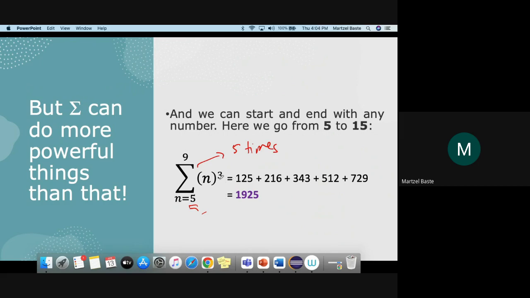So since this is n cubed, we start with 5. 5 raised to the power of 3 plus 5, am I right? Oh, 6 raised to the power of 3. So 5 times 5, 25 times 5, 125. 6 times 6, 36 times 6, 216. Clear? So 7 times 7, 49 times 7 is 343.